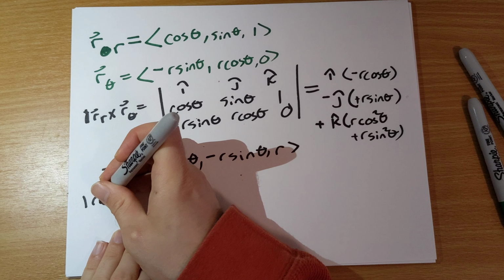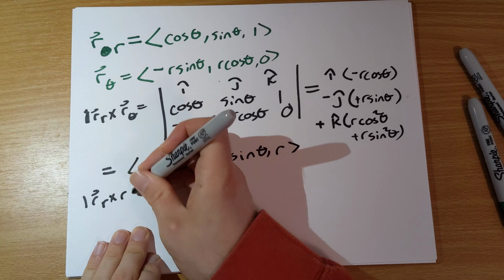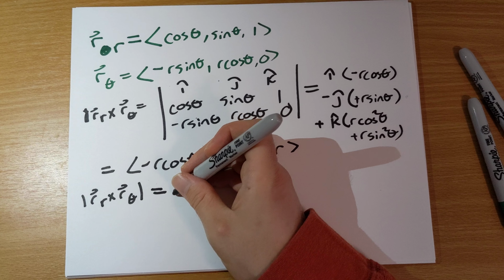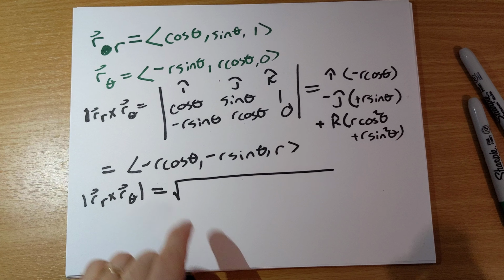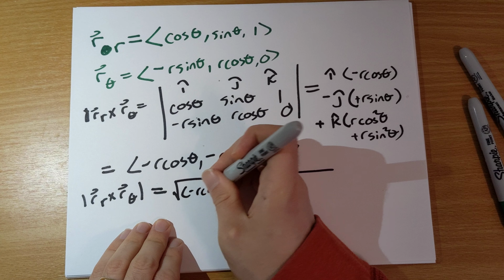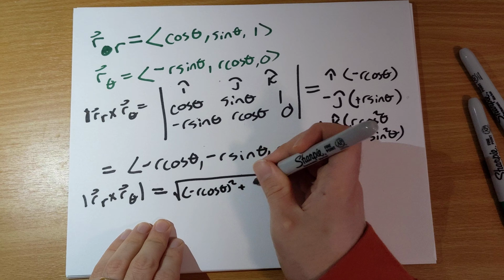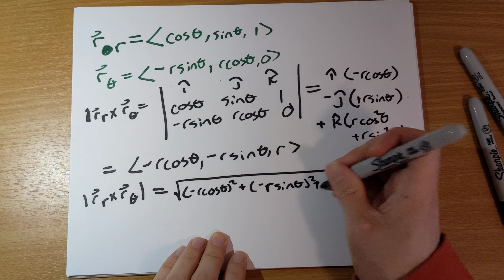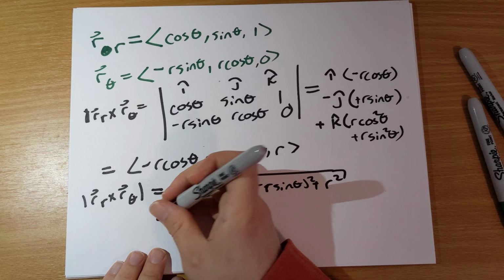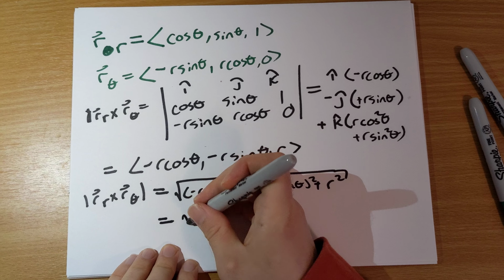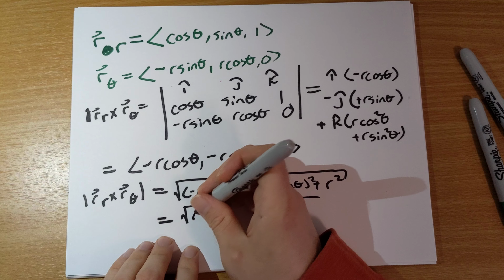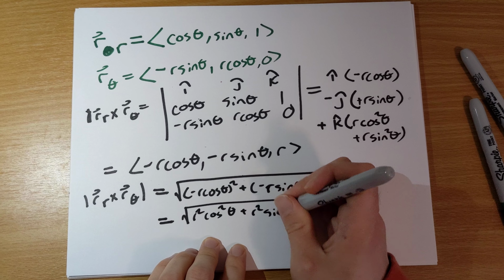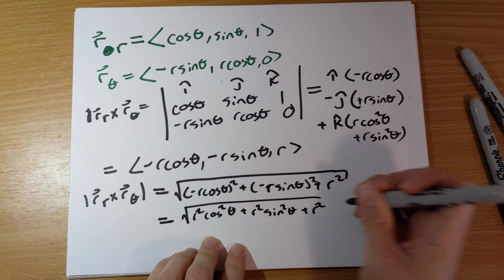So then the length, the magnitude here, is going to be the square root of this squared plus this squared plus this squared. And so this is r squared cosine squared theta plus r squared sine squared theta plus r squared.